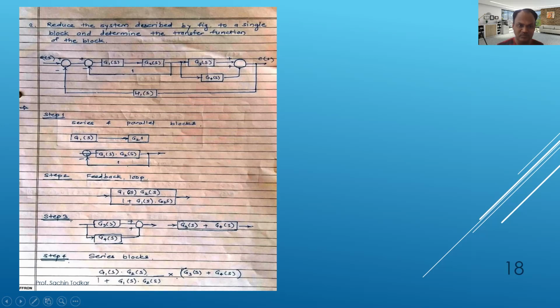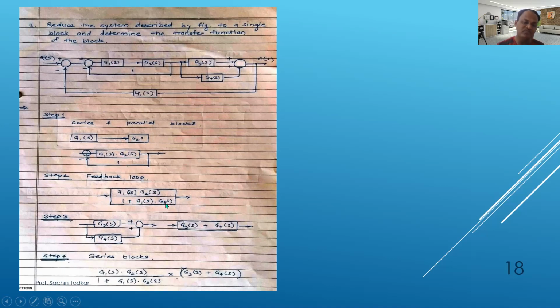So first step, what will we do? We'll do series blocks. That series block will be G1 multiplied by G2, and there is a feedback loop. So for the feedback loop calculation, G1 into G2 divided by 1 plus G1 G2 into 1.